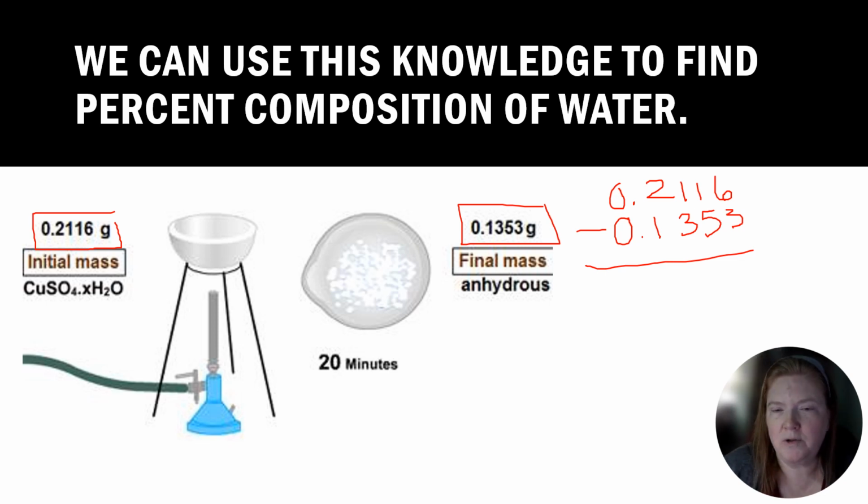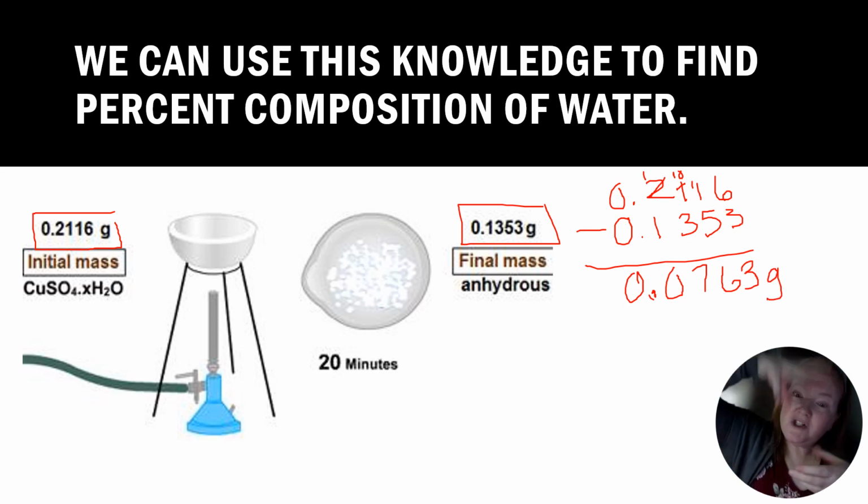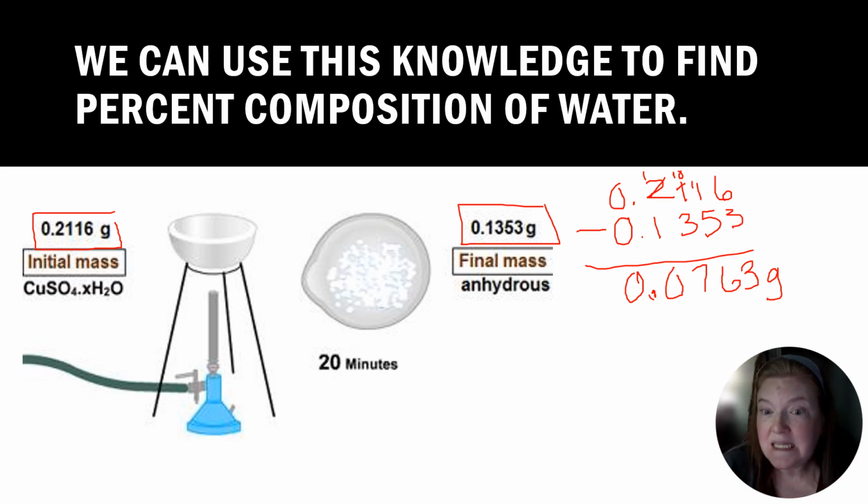That's the part of the water. So let's just do this math. So that's 3. I gotta borrow all the way over here. Okay, so 6, 7, 0. So 0.0763 grams of water. That's how much left as it was being heated. If you watched it closely, you would have seen steam.